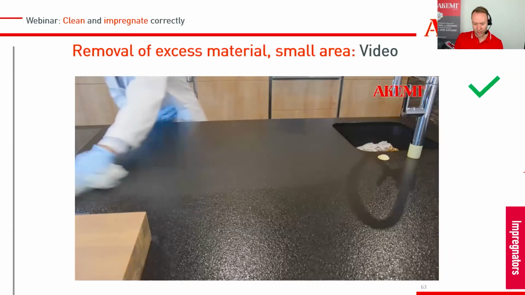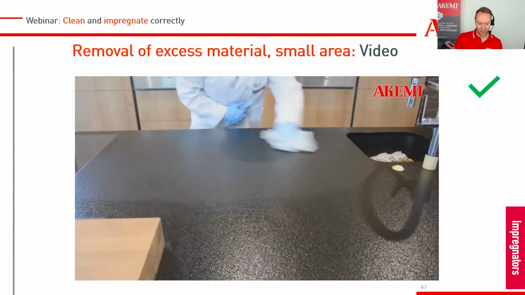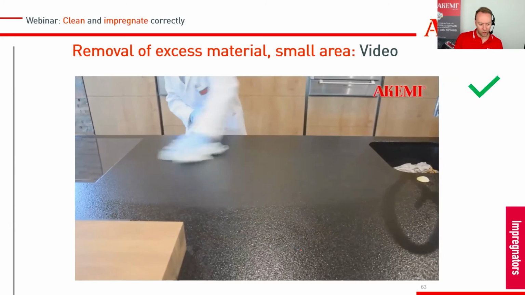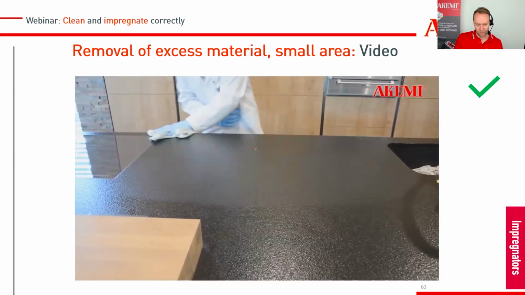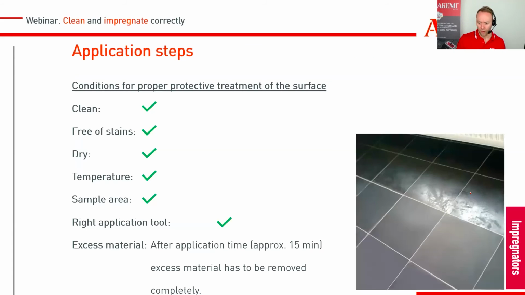Like here, it is still glossy and shiny, a lot of product liquid on the surface, and then dry it up with a cotton cloth. Because if not, and it dries up on the surface, not only for 10 minutes, but when it dries up for half a day or the next day, you can have this sticky surface.